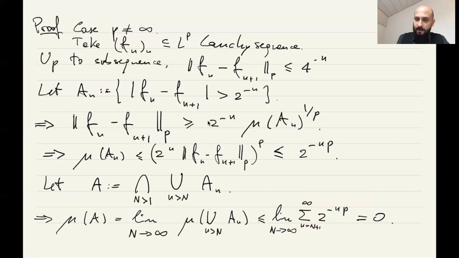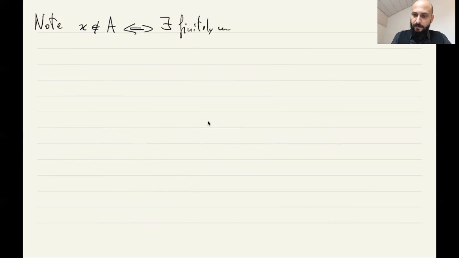Good. Okay, now let's go back to A. What's in A? The points not in A form a full measure set, and x is not in A if and only if there exist only finitely many n for which x is in A_n.